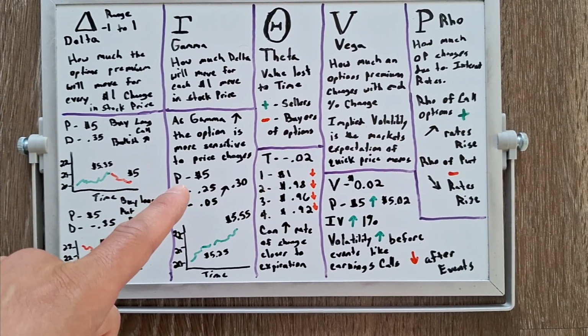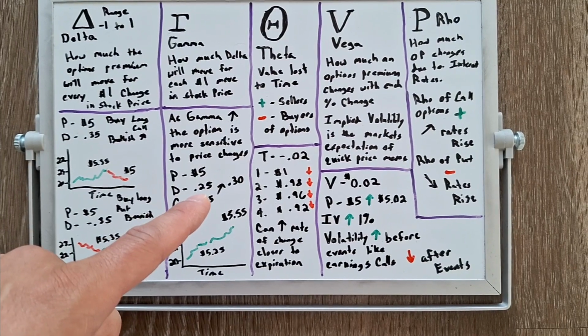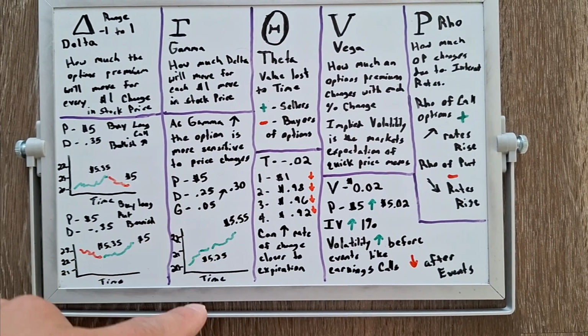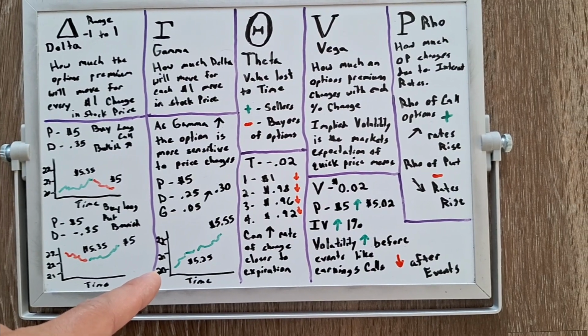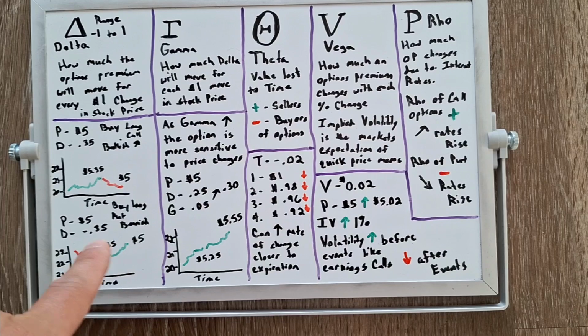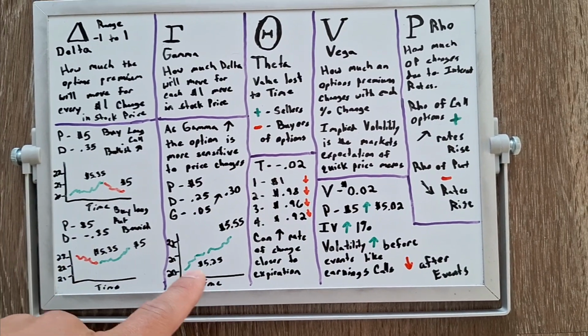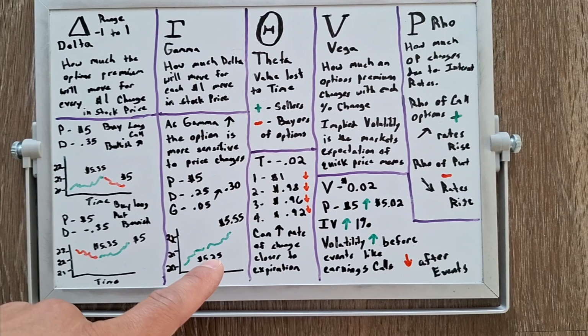So let's say you have an options premium of $5, a delta of 0.25 and a gamma of 0.05. On the first day, say your stock price increases from $20 to $21. You will add this delta, so your options premium will increase by 25 cents.